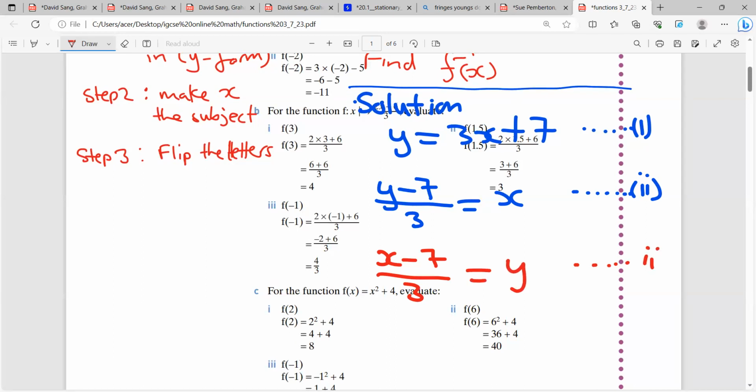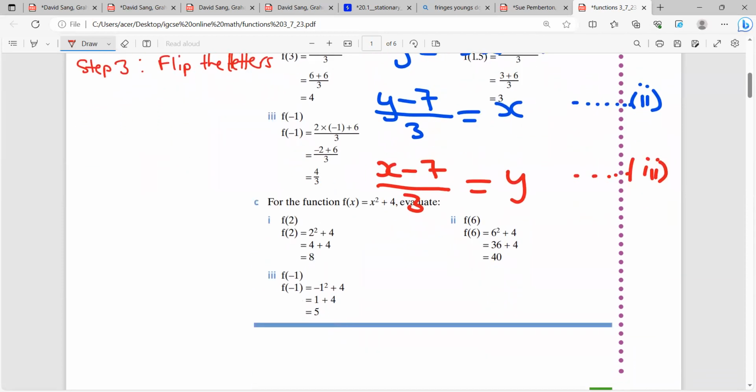That's step 3, and this is your inverse. Your new y is your inverse. So in other words, f of -1 of x, the inverse of f of x, is x minus 7 over 3.